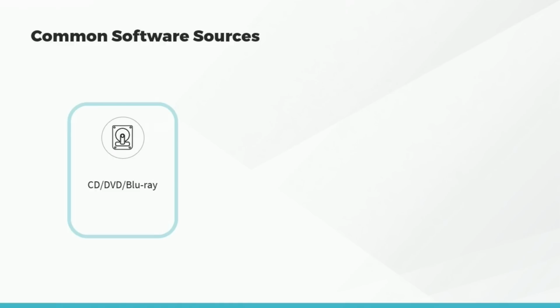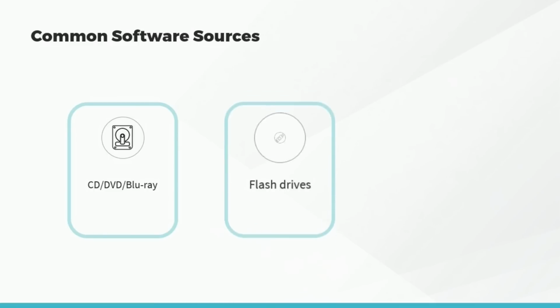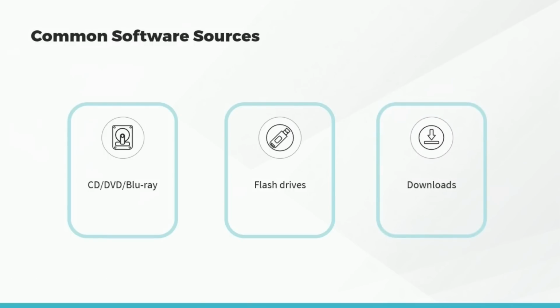Now, in that regard, the primary methods by which any software can be installed include using physical media such as CDs, DVDs, or Blu-ray discs, or flash drives or other external devices, and perhaps most commonly these days, through downloads, which, as you might imagine, are the least controllable because they're so prevalent and they can come from anywhere at any time. At least with physical media, you have to obtain the media first.